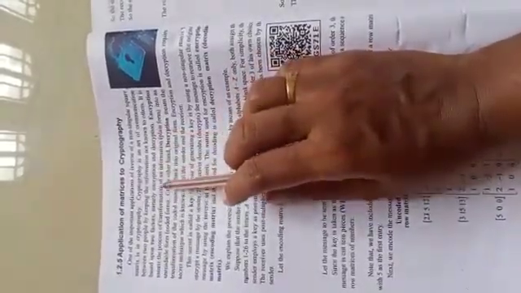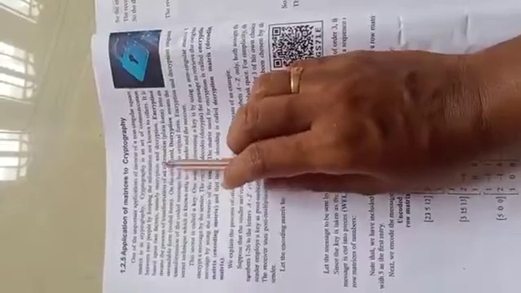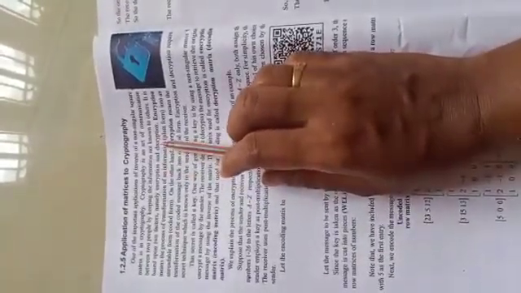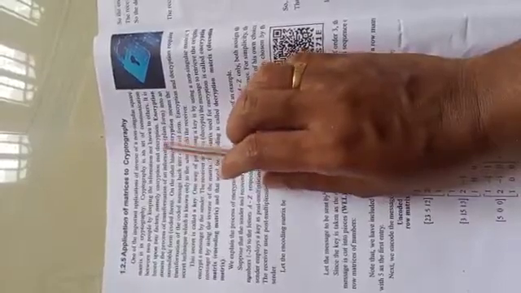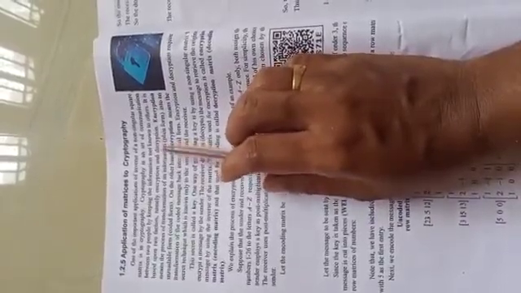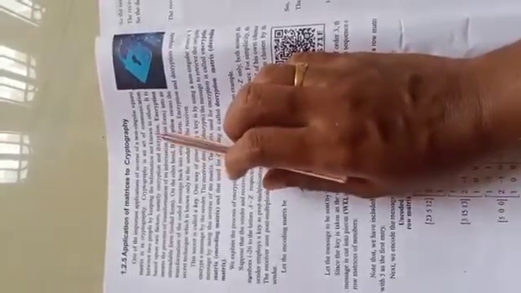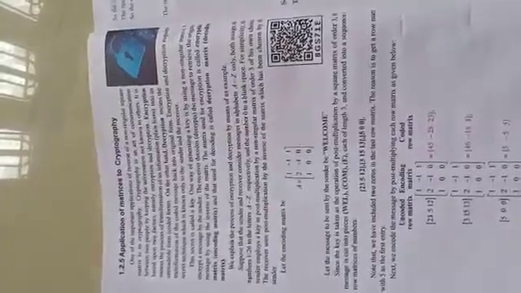The message will be sent by this encryption and the person will receive it as decryption. Say there is a problem that we have to decrypt the message. We have to find out what is the message received.